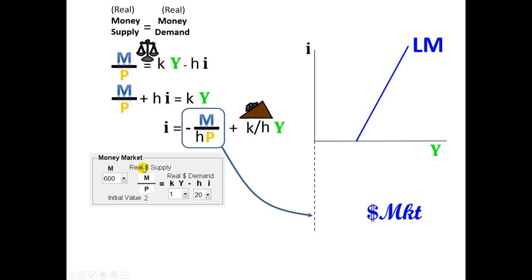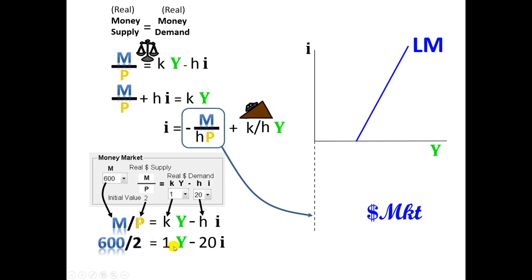Now if we use the money market panel in the simulator, then we can take this equilibrium condition and plug in the values that we have in the panel, and then what we get is this, and 600 divided by 2 is 300. With these values it's going to be very easy to find this point, because if I is equal to 0, then we are on the horizontal axis.